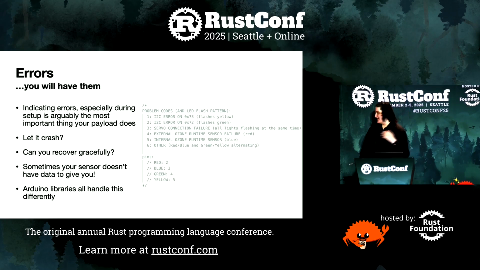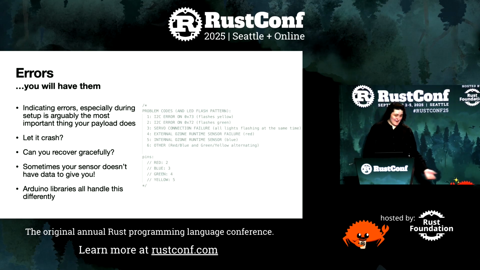So there are some philosophies about error handling. Let it crash is something you might be familiar with if you've played with some Elixir or Erlang. It's almost a mantra in that world. And we have to do a little bit of letting it crash in the balloon world as well.